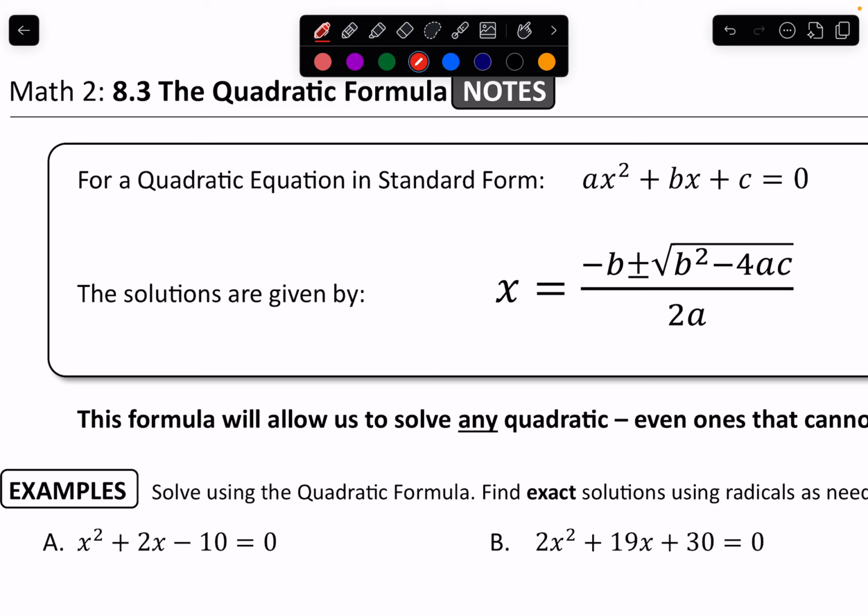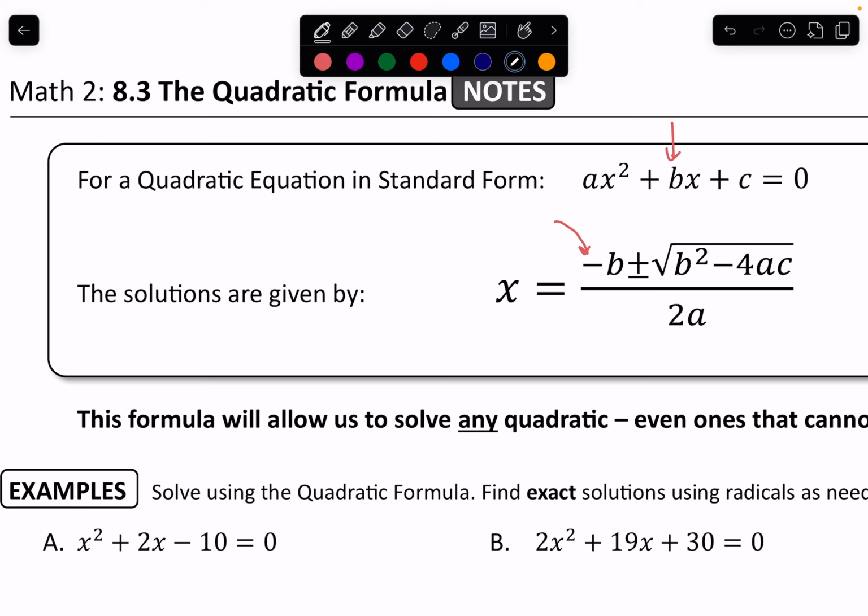Few things you need to be very careful of with the quadratic formula. First thing is this number right here is being a negative. What that means is, notice in the formula it's a positive, but in the equation it's a negative. That means that whatever b is, that front number is the opposite of b.